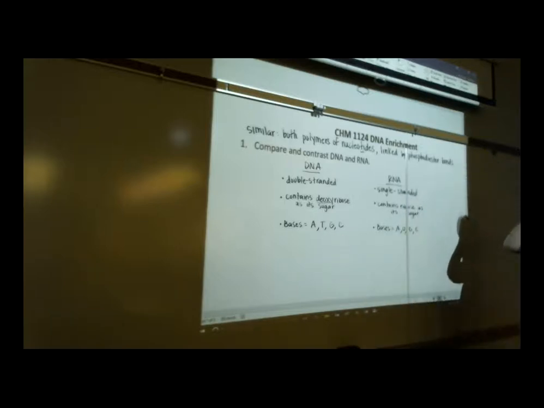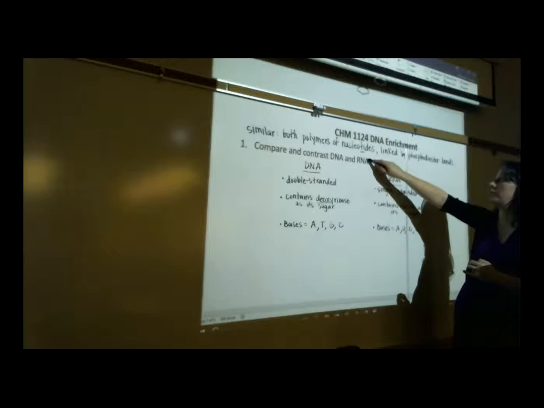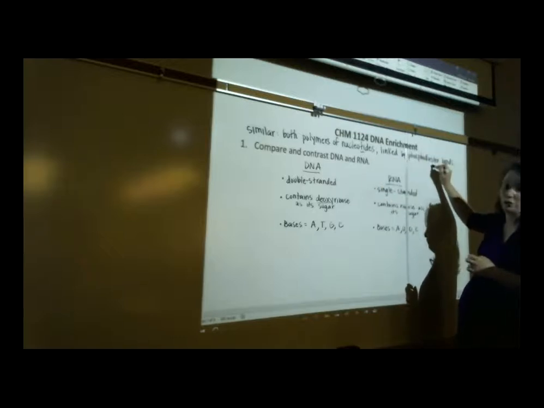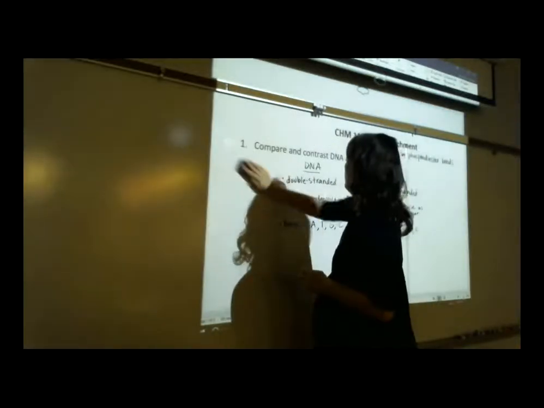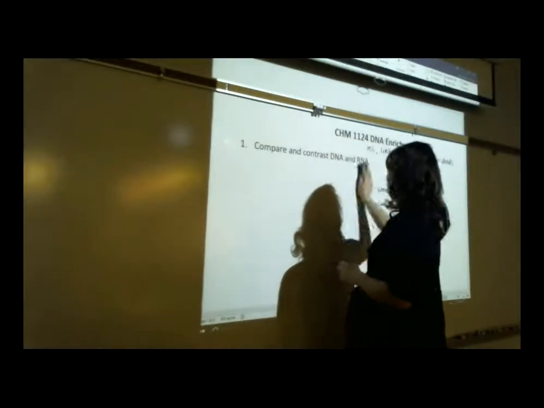So it's not like they're hugely different in terms of the uracil part, but one contains thymine, whereas one contains uracil. But in terms of their similarities, they're both polymers of nucleotides linked by phosphodiester linkages. All right, so that was number 1.